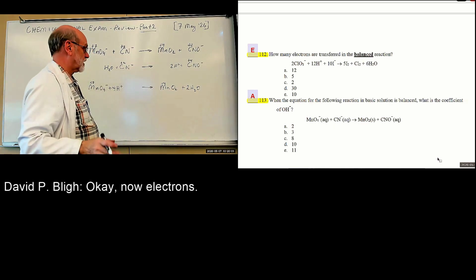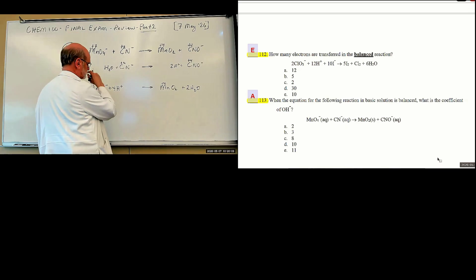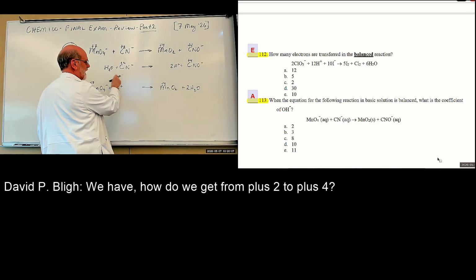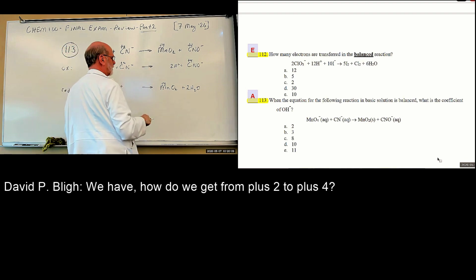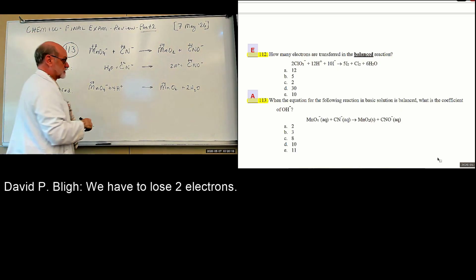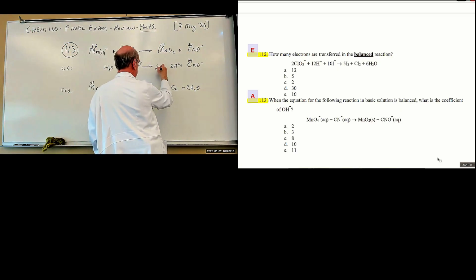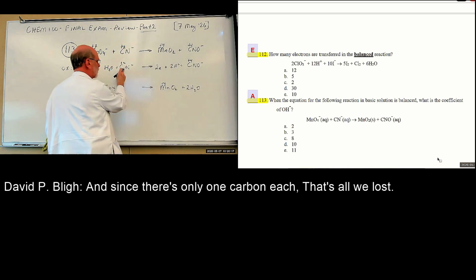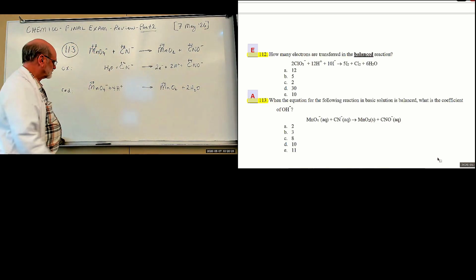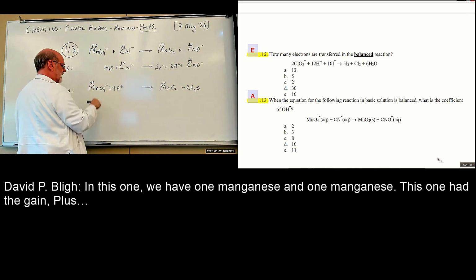Okay. Now electrons. How do we get from +2 to +4? We have to lose 2 electrons. And since there's only 1 carbon each, that's all we lost. In this one, we have 1 manganese and 1 manganese.